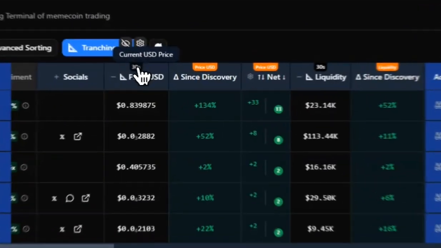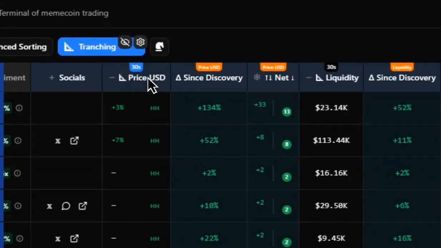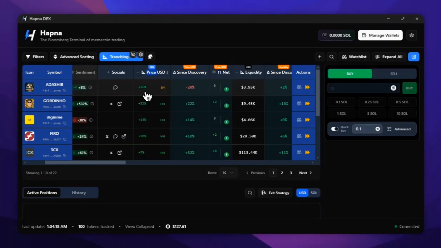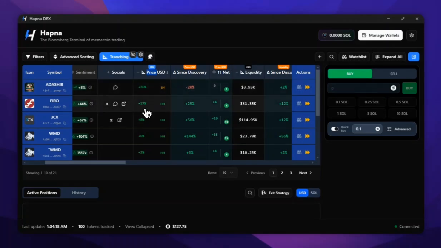And if I click here, which will toggle the view, as you can see, it switches you to a different view. You can see that in the last 30 seconds, and this is of course a rolling window, which means we're always doing calculations every 100 milliseconds, this number will always keep updating. So we're taking the value 30 seconds ago, comparing it with the value of now.